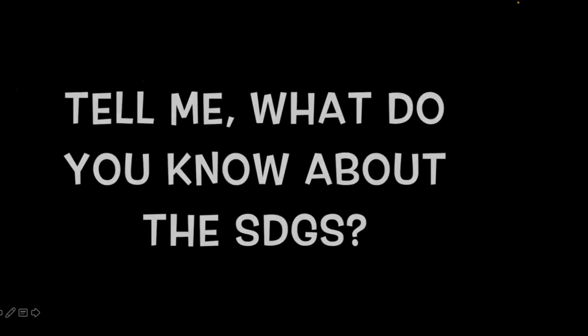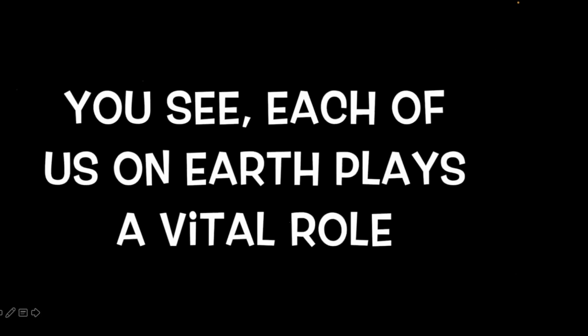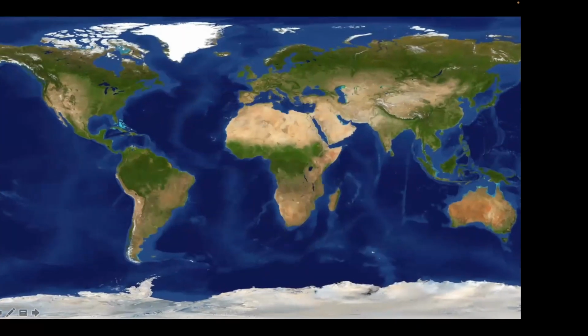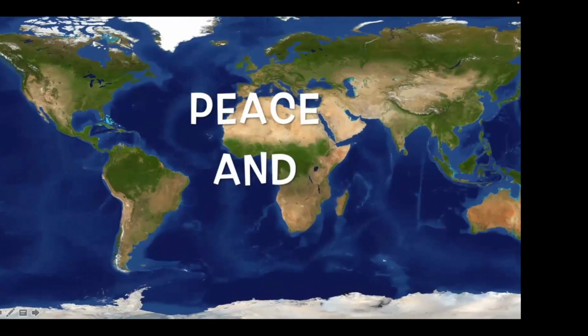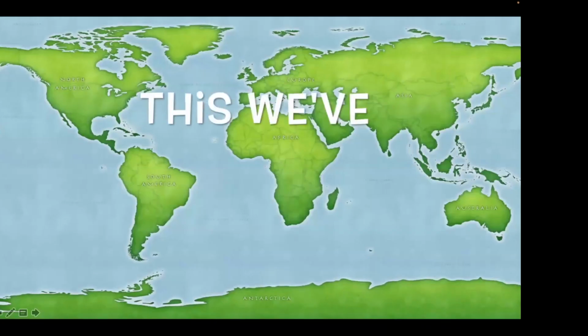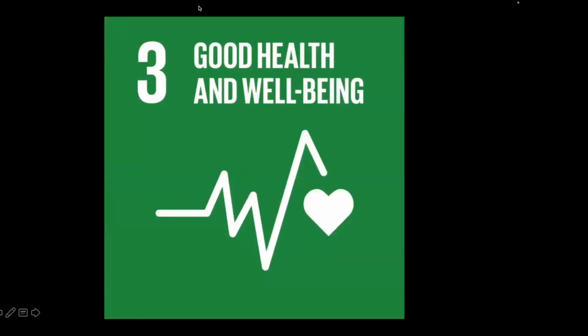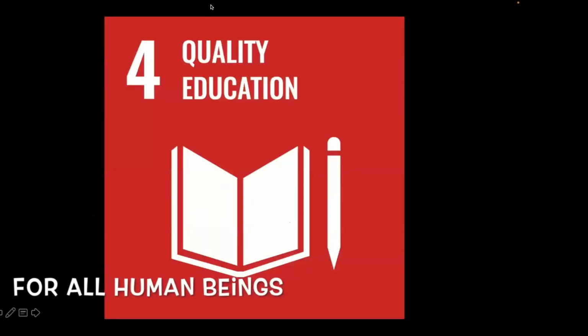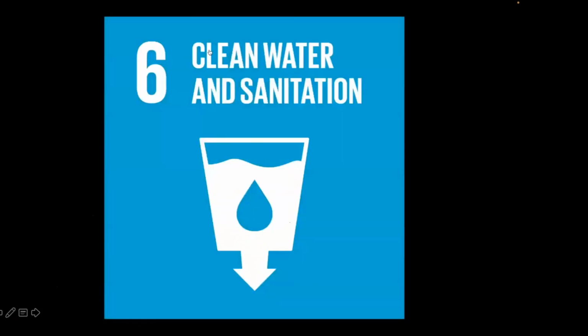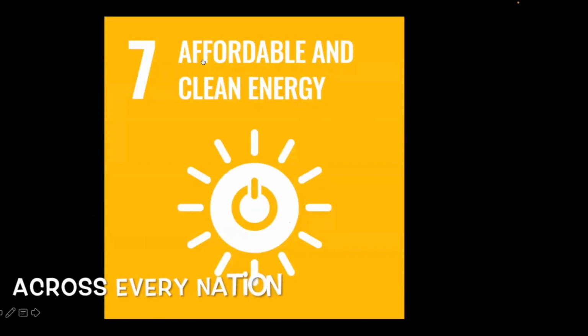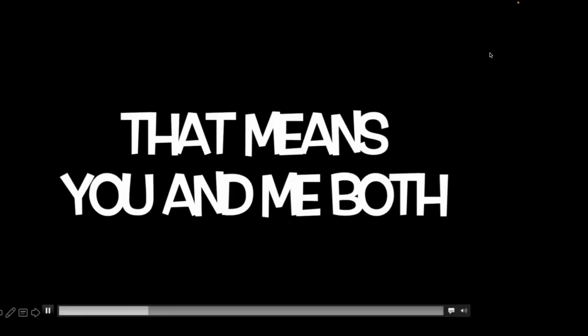Tell me, what do you know about the SDGs? You see, each of us on Earth plays a vital role in working towards sustainable development goals. It takes heart and soul, not taking things for granted. Peace and prosperity for people and the planet. This we've got to manage. The future we must plan it to work to our advantage or continue to do damage. Sustainable development goals, what do they mean? These are the SDGs from 1 to 17. No poverty, zero hunger, good health and well-being, quality education for all human beings, gender equality, clean water and sanitation, affordable and clean energy across every nation. These are our obligations, that means you and me both.